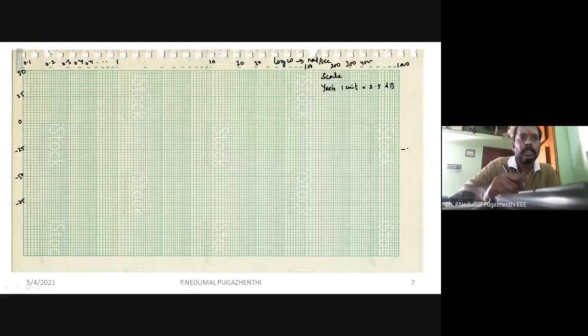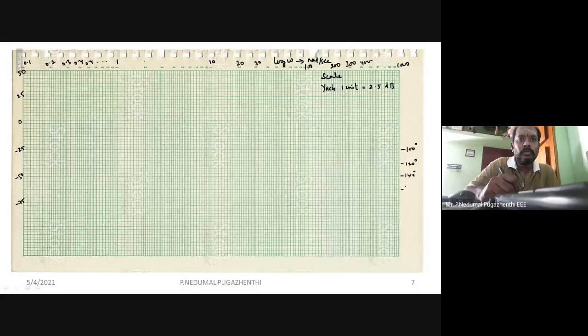Let us start from minus 100, minus 120, minus 140, in degrees. Every 5 unit is going to be 10, 20.